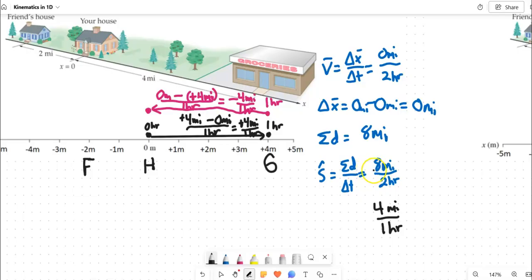So speed is a total of 8 miles distance over the period of 2 hours. Velocity is 0 miles displacement over the period of 2 hours. If you keep talking about those two things that way, you're getting your brain to start thinking a little bit differently. Okay?